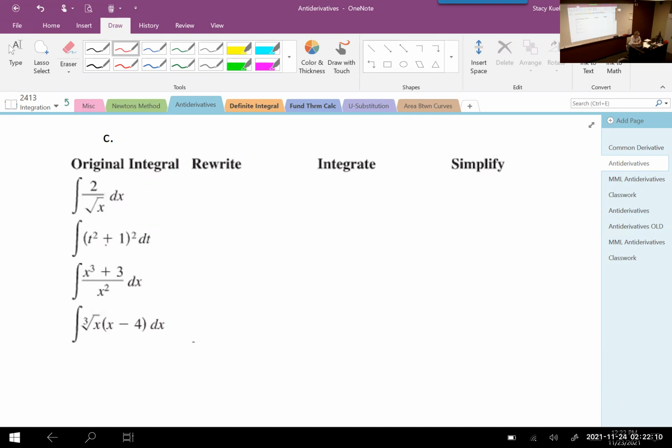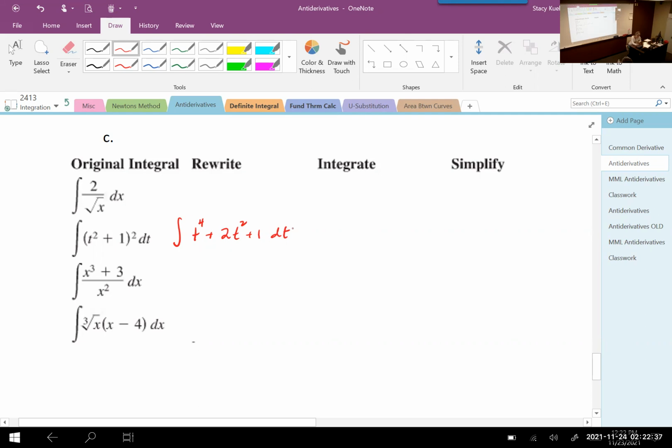Square the first, double the product, square the last. The integral of t squared squared would be t to the 4th plus double the product would be 2t squared plus 1 dt. So t to the 4th plus 2t squared plus 1 dt.